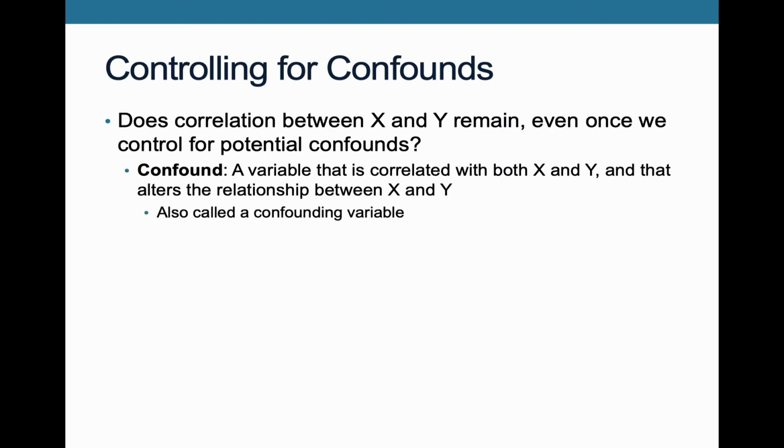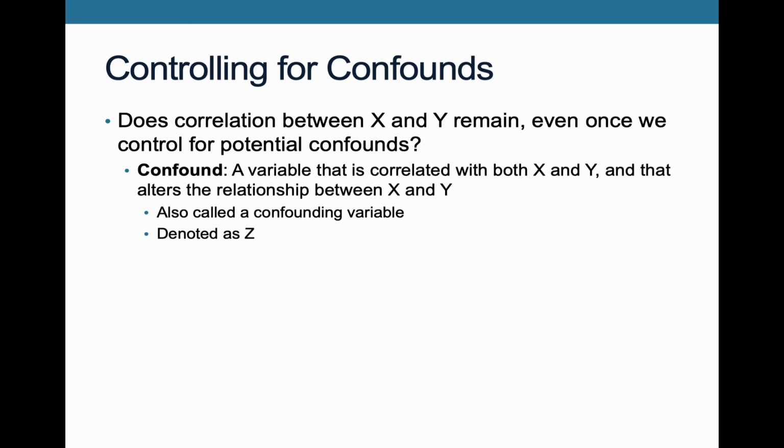Another way of calling a confound is a confounding variable. And when we write it in diagrams, we're going to use a z to note that confound. There's going to be another video lecture coming up that talks about different types of confounds, but I just want to set this idea up here first before we get into that.